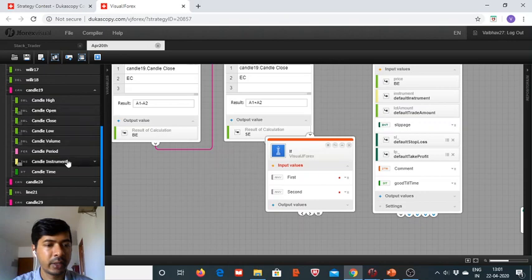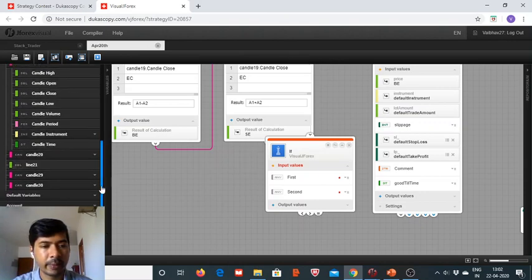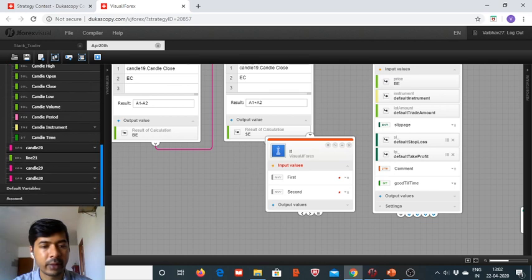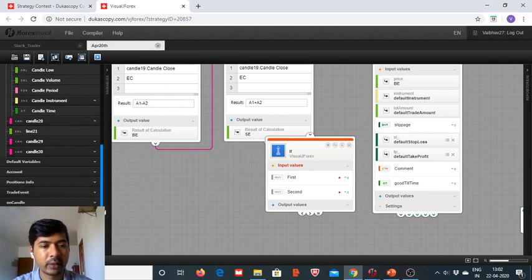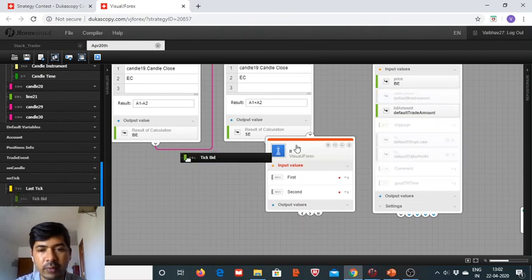So we take the last tick price on tick, and here we get the last tick, and on the last tick for a buy side, I think bid should be good enough.